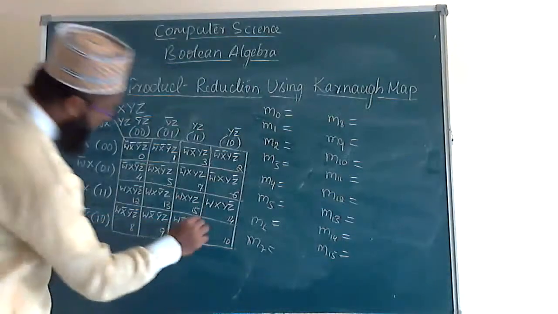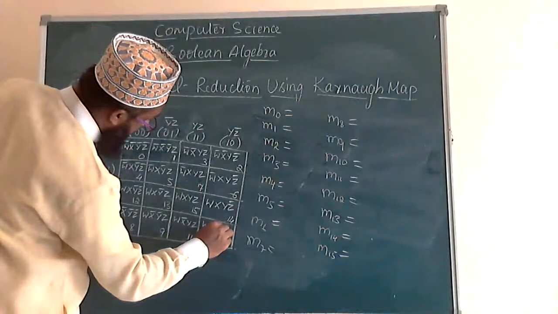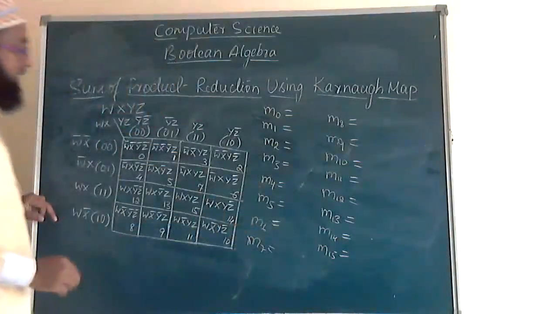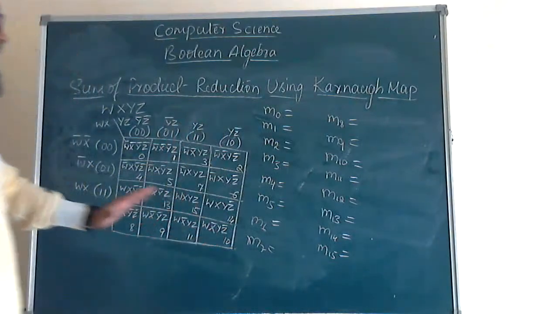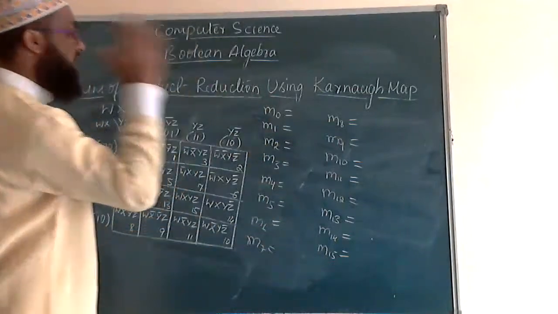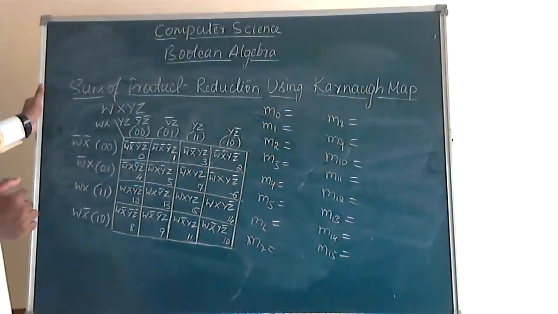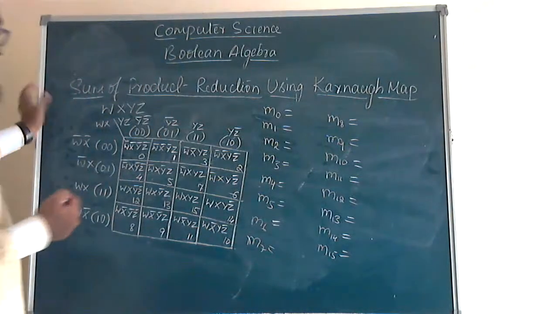Okay, then w x bar, y z bar. Like this you have to write min terms for every square.